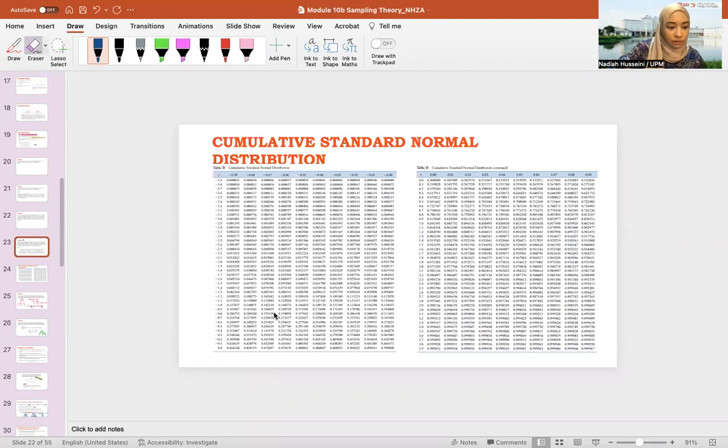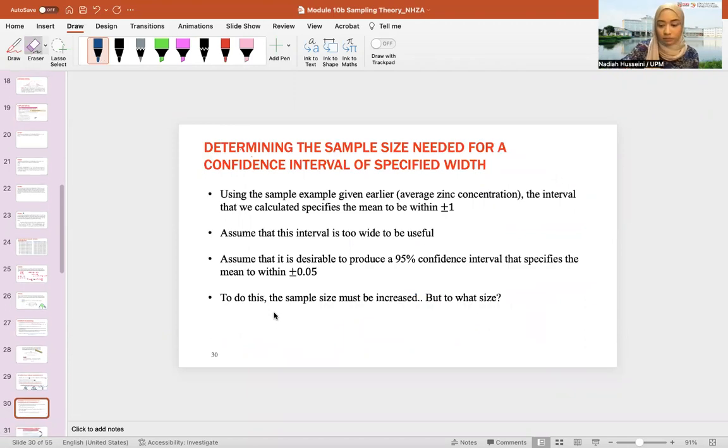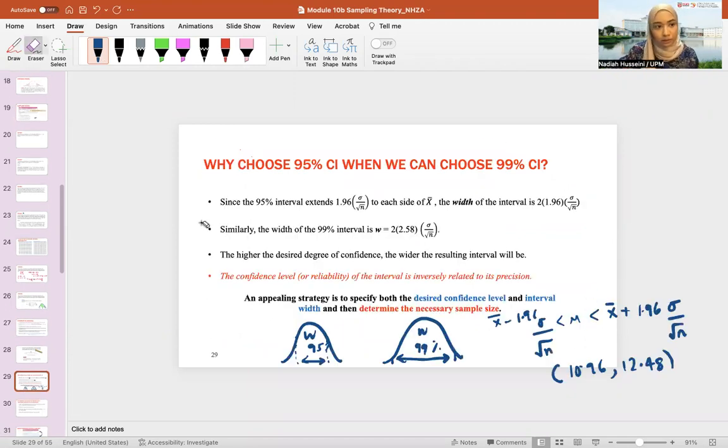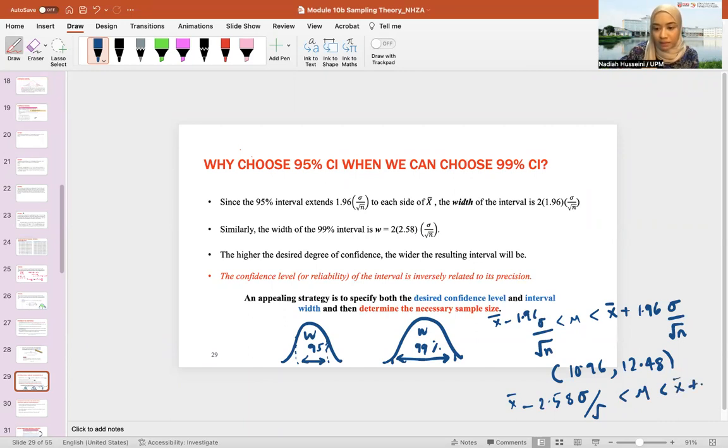Okay, so let's go back to our recap. So now it's 2.58 over here: sample mean minus 2.58 standard deviation over square root of n, mu, our point estimate that we're trying to find, plus 2.58 standard deviation over square root of n.